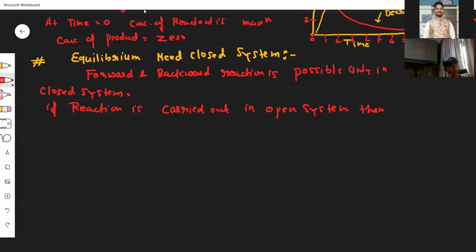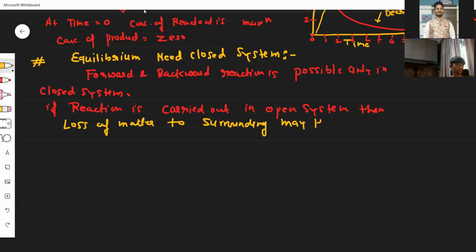Then why is it not going to maintain the equilibrium? Because there is a loss of matter to the surroundings. That's why we always take a closed system. An example I can give you is calcium carbonate.